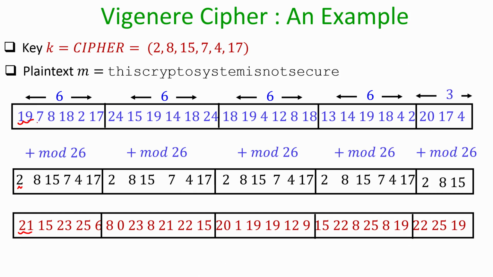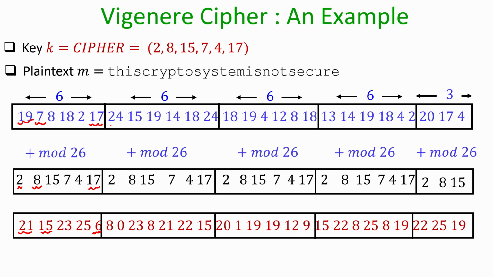In the same way, the character 7 gets shifted by 8 to obtain the character 15, and in the same way the last character of the first block, which is 17, gets shifted by the amount 17 to obtain the character 6. So, now you can see, since we are actually crossing the range 0 to 25, we do the mod 26 operation to do the wraparound, and as a result of doing the wraparound, we get the ciphertext character as 6.